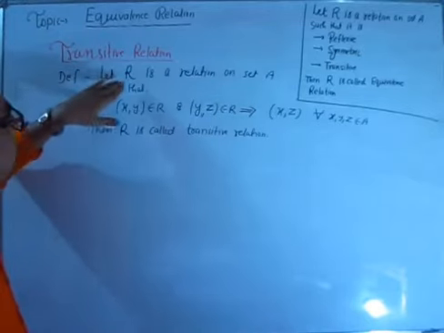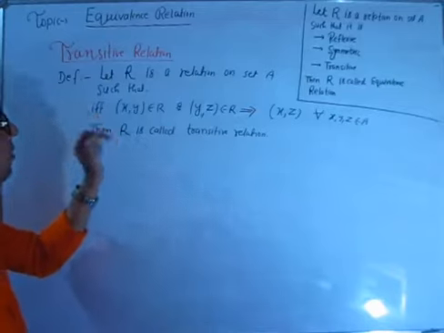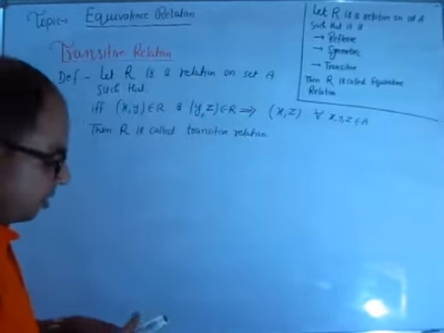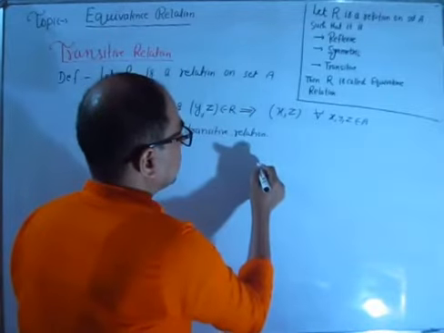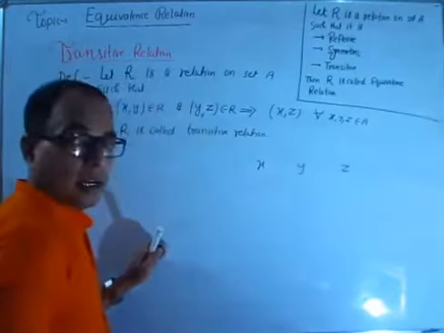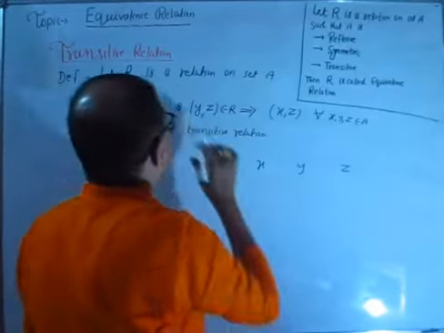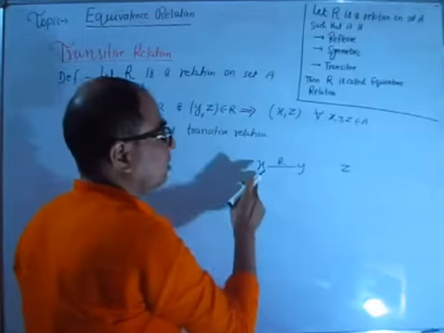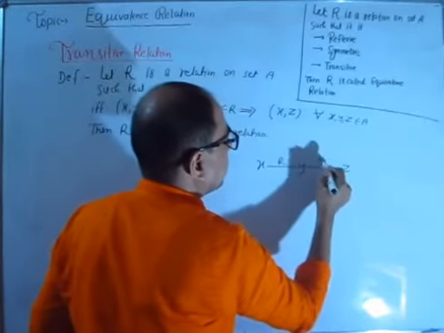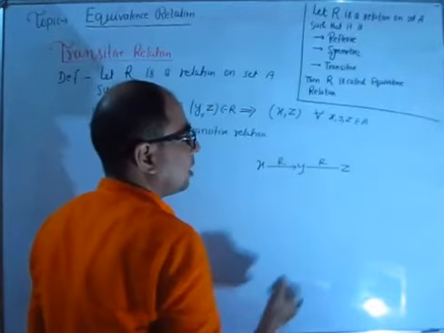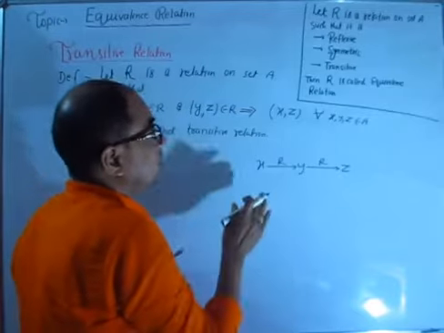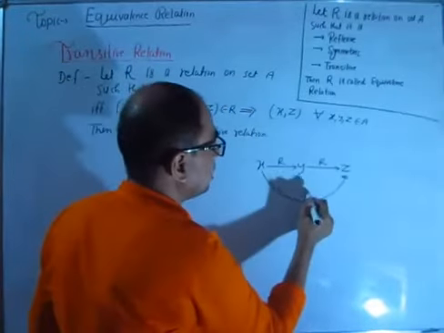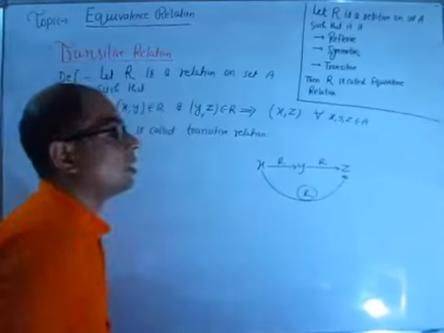Any relation is called a transitive relation if X is related to Y and Y is related to Z, then X must be related to Z. By the diagram you can see, suppose X, Y, Z are three elements of set A. Suppose this relation R relates X with Y, and the same relation relates Y with Z. Then for a transitive relation, X must be related to Z. If the same relation relates X with Z, then R is called a transitive relation.